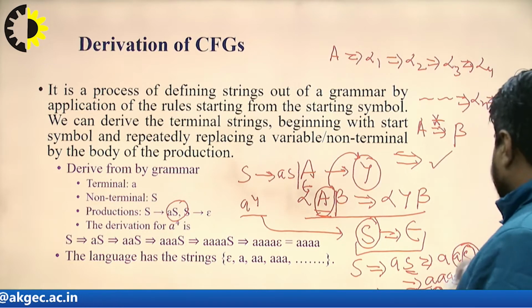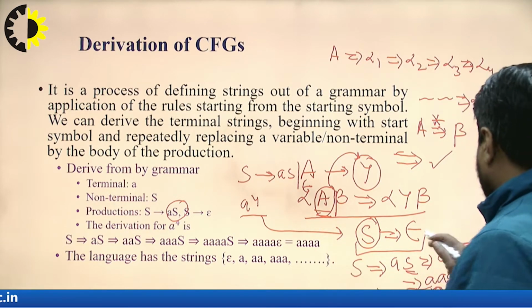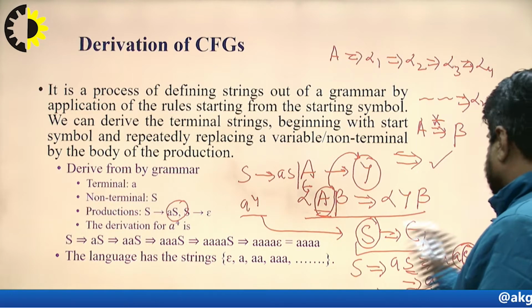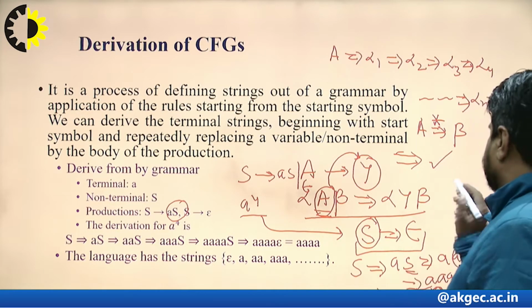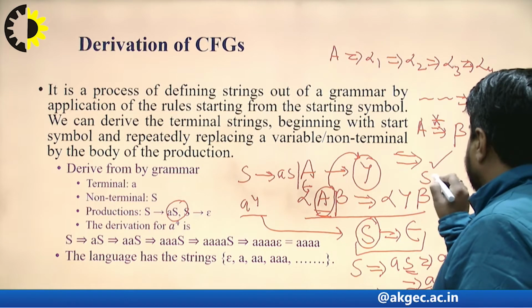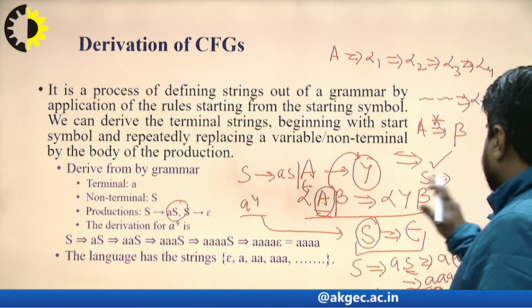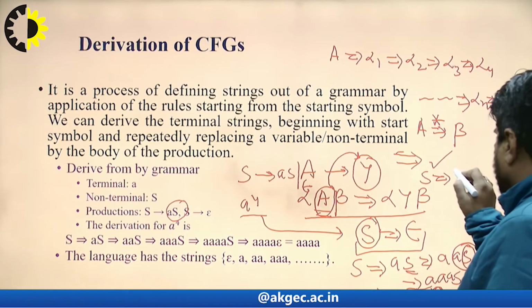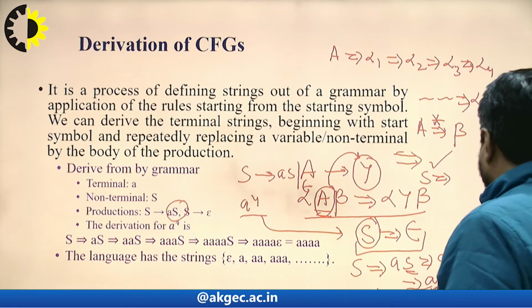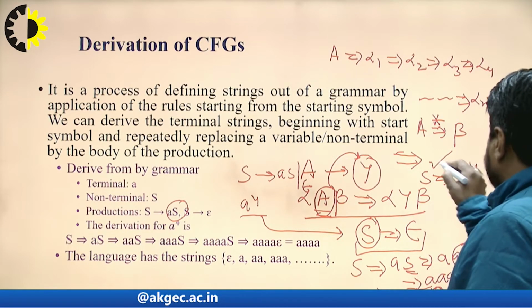Basically these are the derivation steps. You can either clearly mention each step, or you can write S generates a to the power 4 in 0 or more steps.